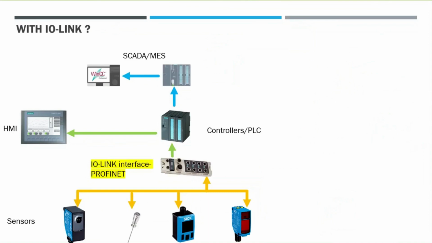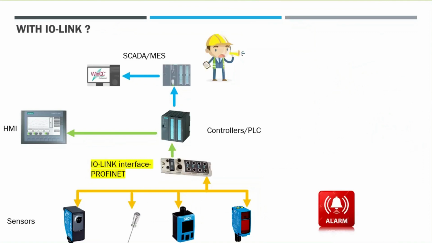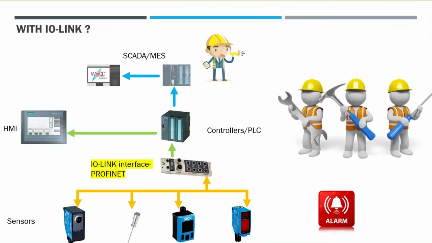This time when an alarm goes off, you again get notified by the controllers to the SCADA and to the supervisor, and this time when the maintenance crew comes there, you do not just have a yes or no. You actually have all the detailed diagnostic information that the supervisor has over IO-Link, and he gives it to the maintenance crew, and they know exactly what to fix and how to fix it. No waste of time during troubleshooting. So you save so much time.